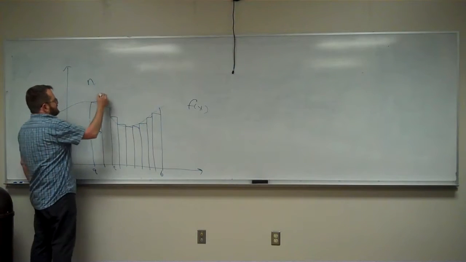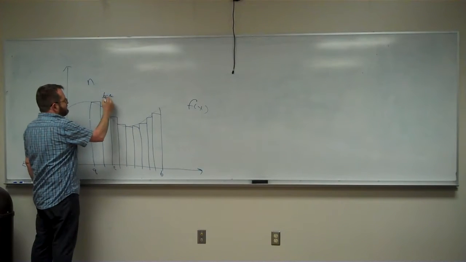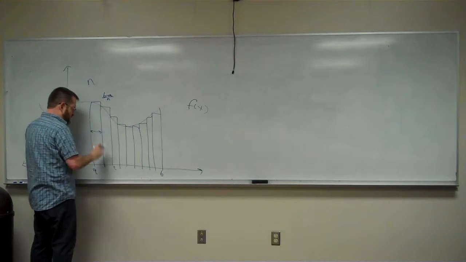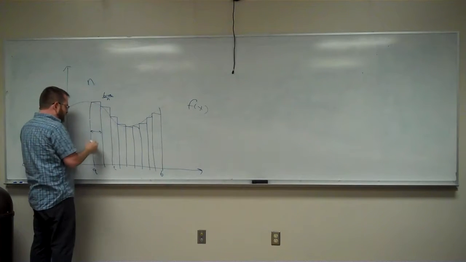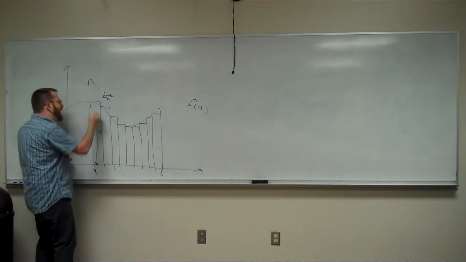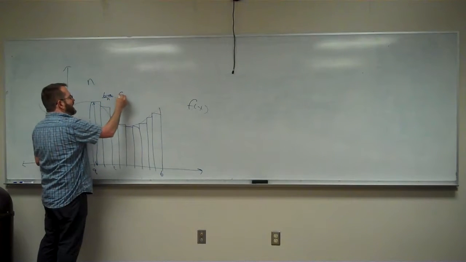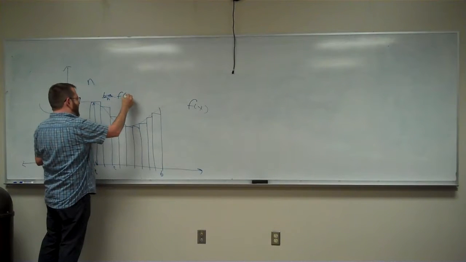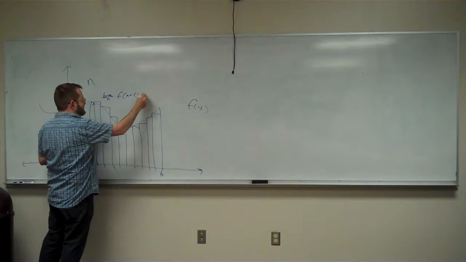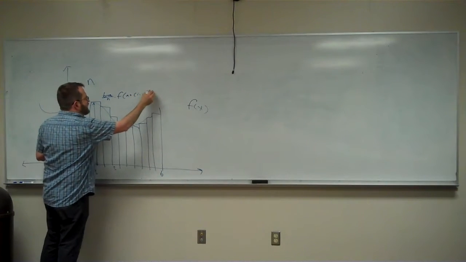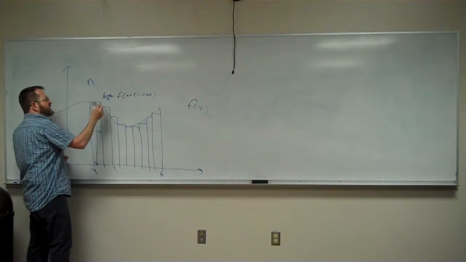What was it? B minus a divided by n wide. Right, the distance between here and here, divided up into n little pieces. And each of these little rectangles had some height. It was f of a plus i minus 1 times, we'll call it delta x, the width of each of these little guys right here.